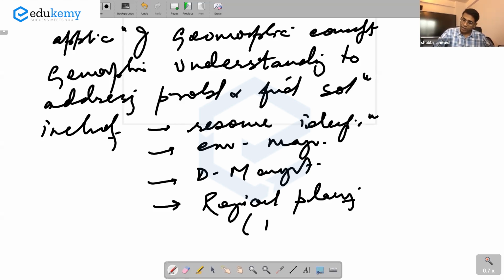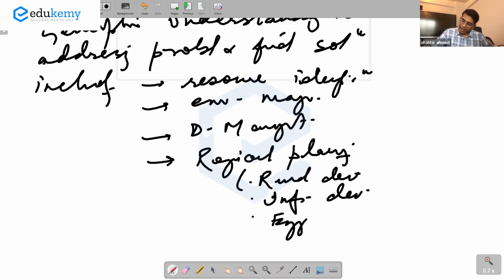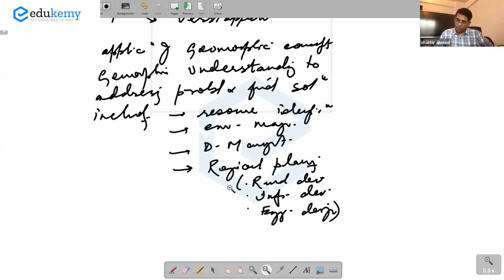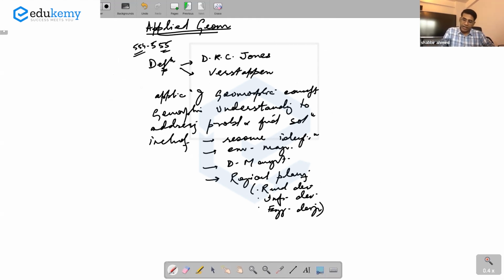The regional planning will include rural development, infrastructure development. It also includes engineering designs. So this is a quick definition of the scope and the purpose of applied geomorphology.